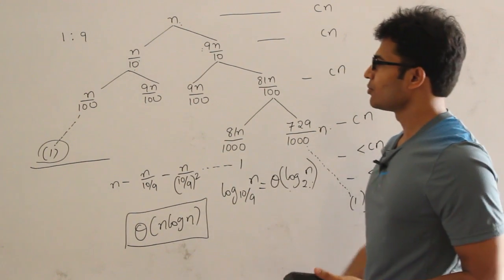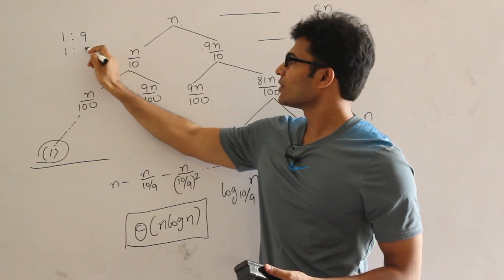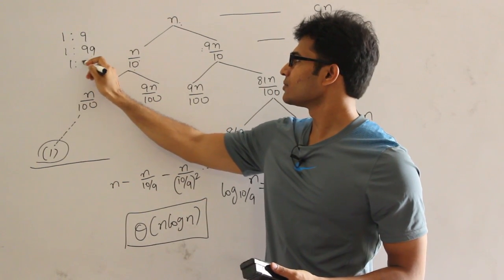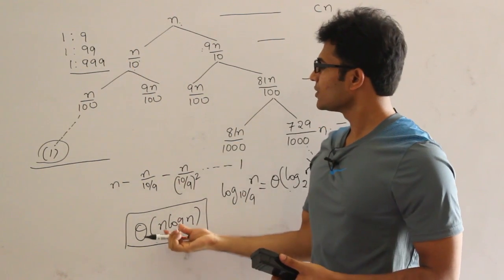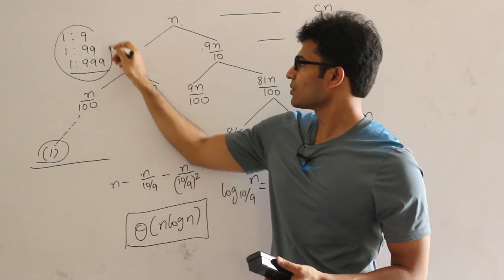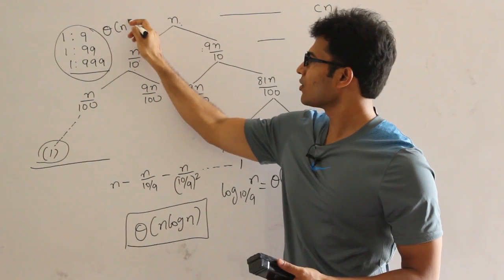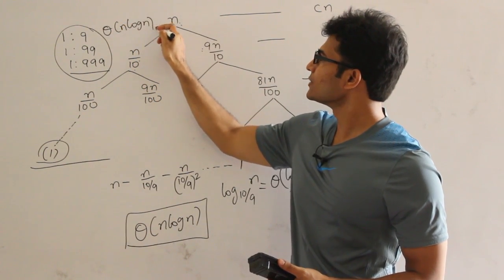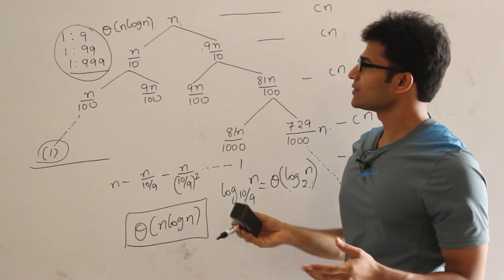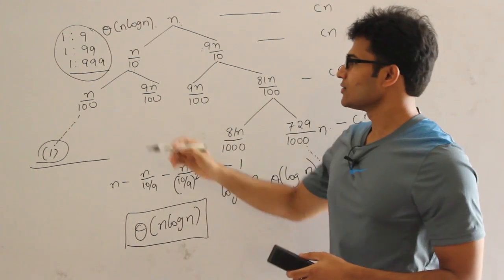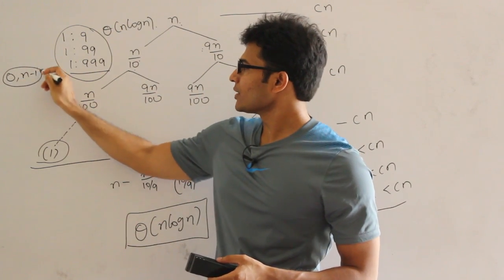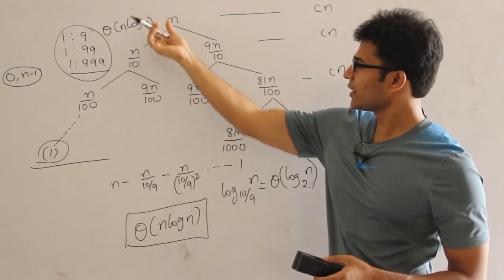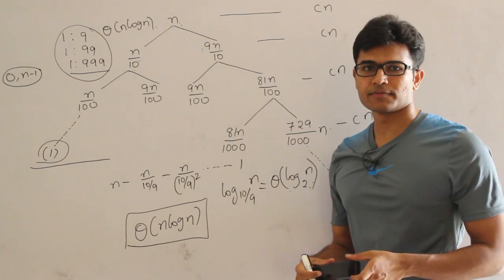It can even be proved that even if the split is 1:99, or even 1:999 at every level, we might still get the best case time complexity theta of n log n. Keep this in mind. If the split is not as bad as 0 and n minus 1, then on average we are going to get n log n as the time complexity, right.